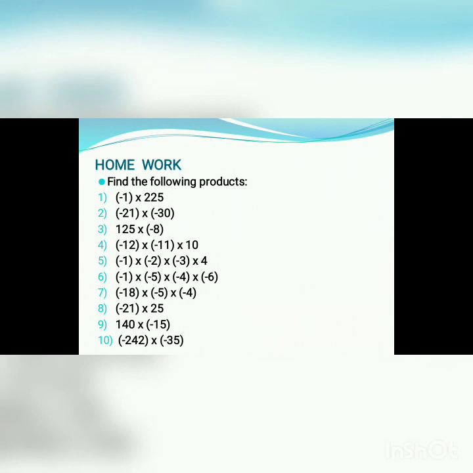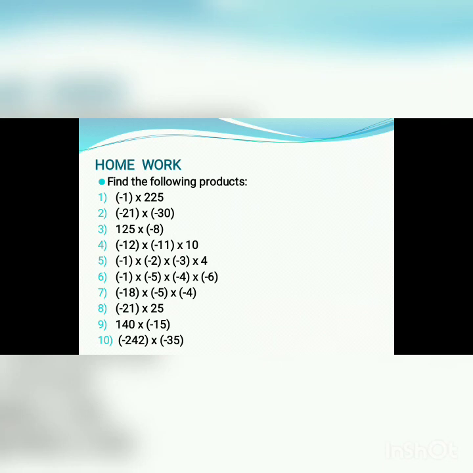Okay, so here I have given 10 questions. So I have read 4 questions: negative 12 into negative 11 into 10, then negative 1 into negative 2 into negative 3 into 4. Okay, then negative 1 into negative 5 into negative 4 into negative 6. Then the seventh one, negative 18 into negative 5 into negative 4.